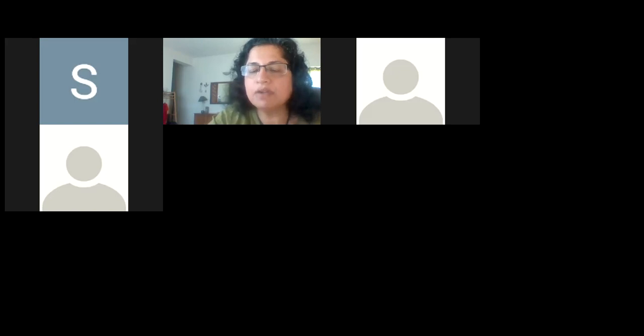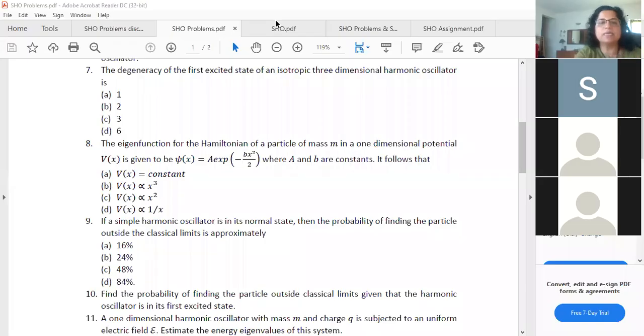Let's have a look at what question has been asked. The question is about the first excited state. Remember the ground state is nx, ny, nz all 0, 0, 0. The first excited state is possible with nx equal to 1, or ny equal to 1, or nz equal to 1.